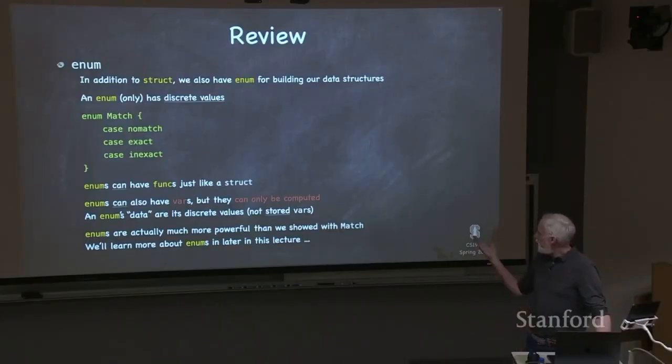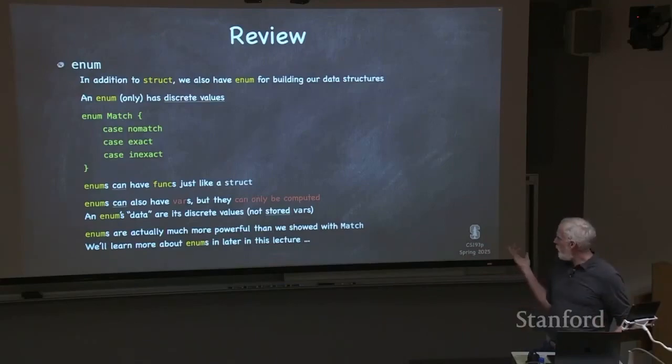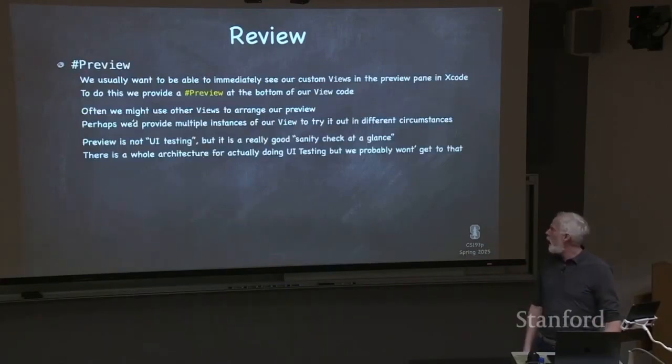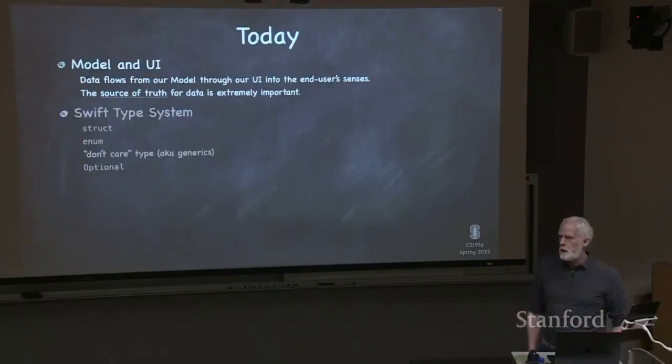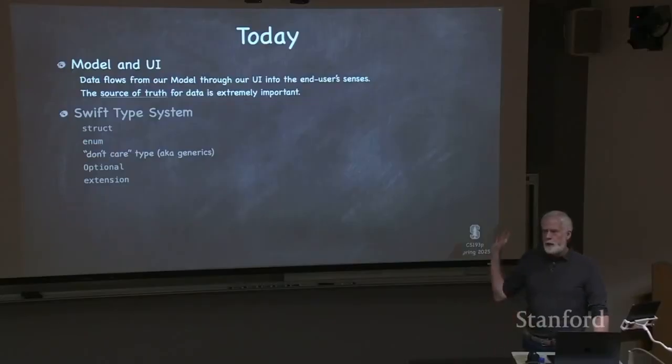We learned about those, and therefore discrete values like match, no match, exact, and inexact. And we learned about preview, so that we can put some view on the right-hand side as we're working on our view that shows off what we're doing, so in real time, instantaneously, we can see what's going on. All right, everybody okay with that? That's just there for you to read offline and remind yourself if you have questions.